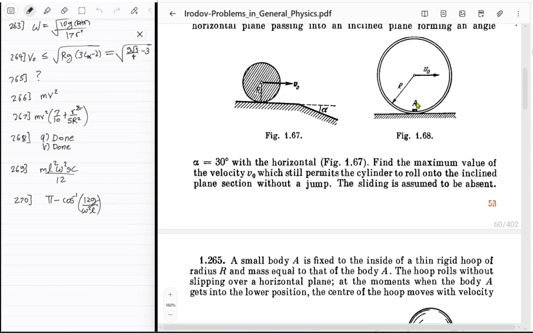But after all of that is done, you will get this information for very big v naught values, meaning bigger than a certain critical value. It will still have a minimum, of course, for some cosine theta value.